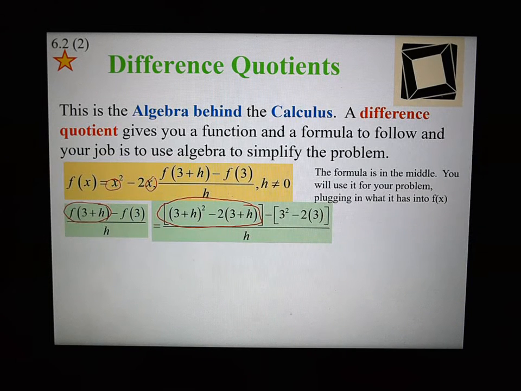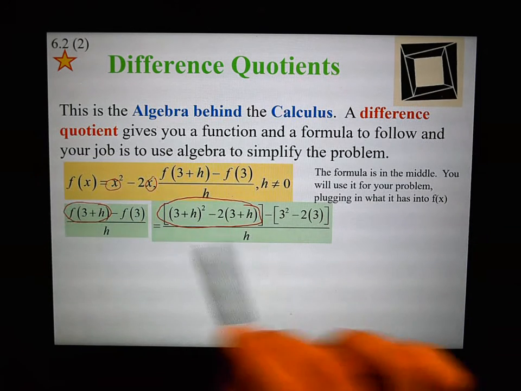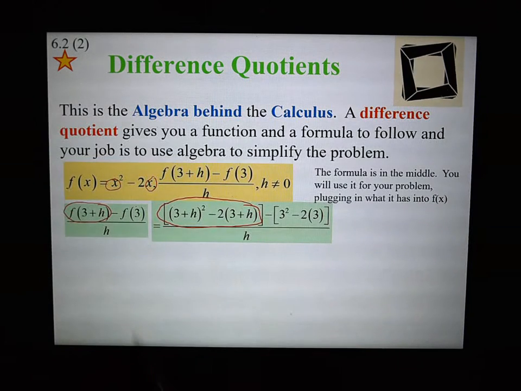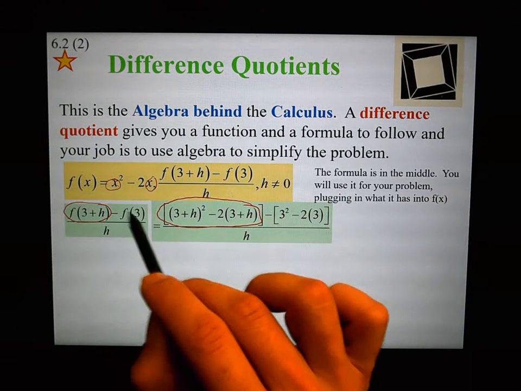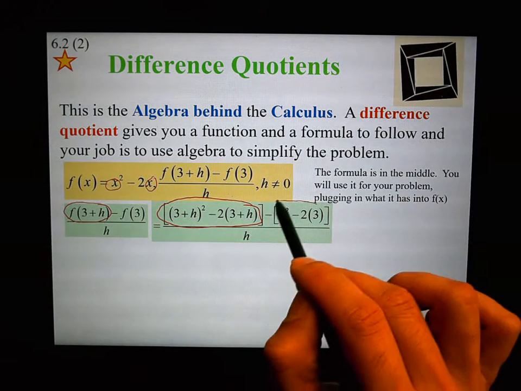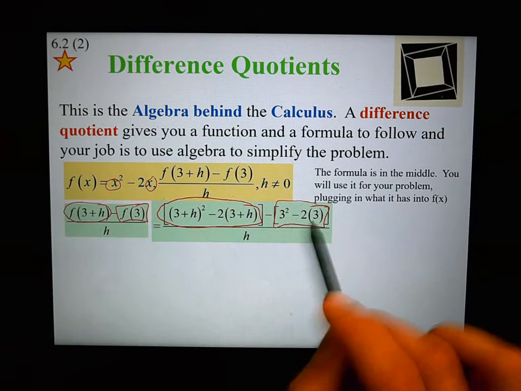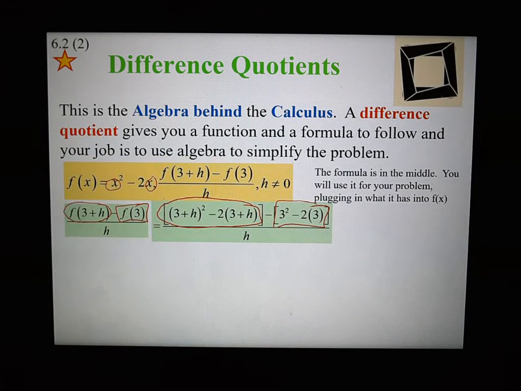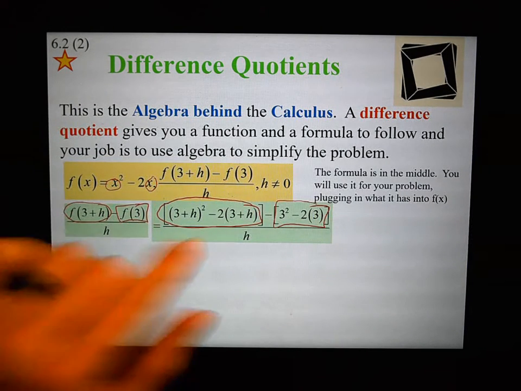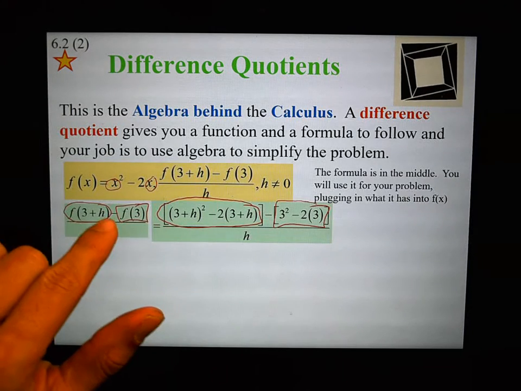And then I had to plug in 3 into that function as well. I plugged the 3 in there, the 3 in there, and that's where I got this boxed piece. There's the boxed piece. And that's the hardest part. The hardest part for most students is just plugging this stuff into that function.